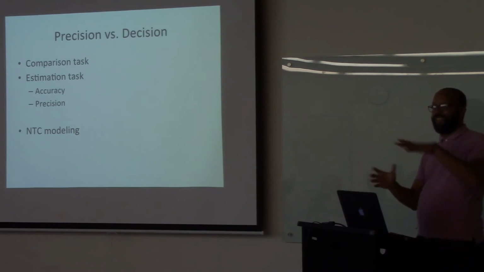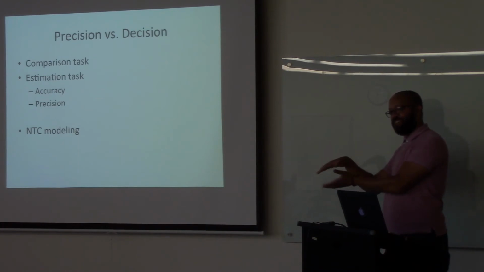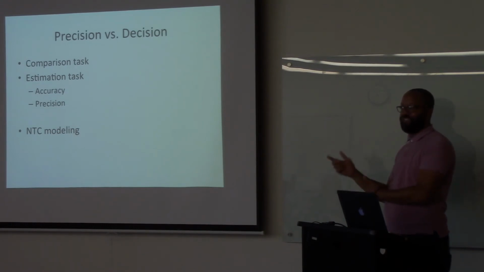You've seen the thing with the arrows and the difference between precision and accuracy. You can be precise but not accurate, or accurate but not precise. I have to explain this to reviewers. Accuracy and precision are not the same thing. You can have one without the other. You're not necessarily going to have both, even though you might expect that if you have one, you would have the other.